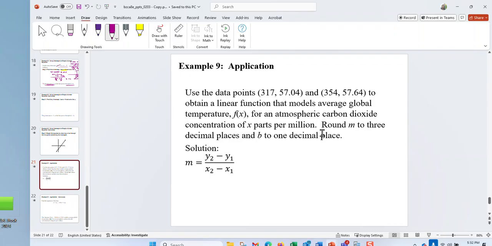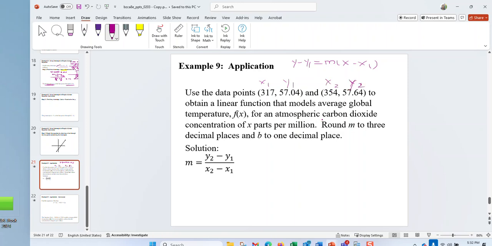Round m to 3 decimal places and b to 1 decimal place. Alright, so how do we do the modeling here? Well, if we want to do the linear, in linear we can use y minus y1 equal to m times x minus x1. I can let this one be x1, this one be y1, this is x2, this is y2.